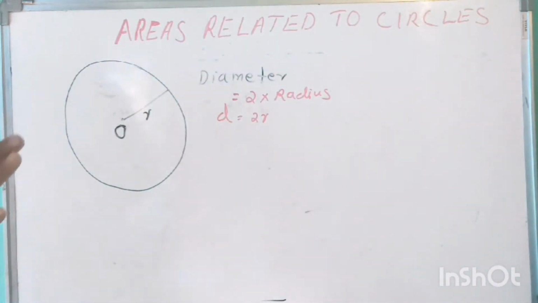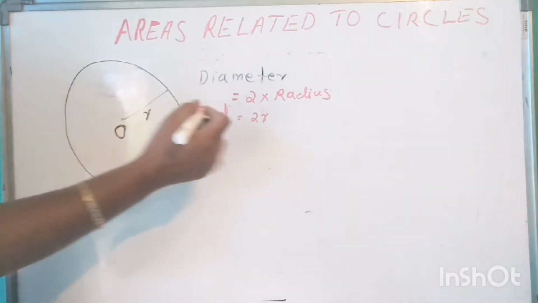So that fixed distance is called the radius of the circle, and we denote it by small letter r. If radius is r, then diameter is equal to 2r. Diameter we denote by small letter d.